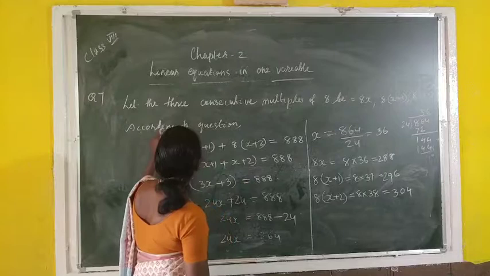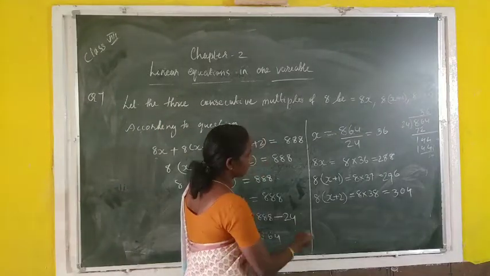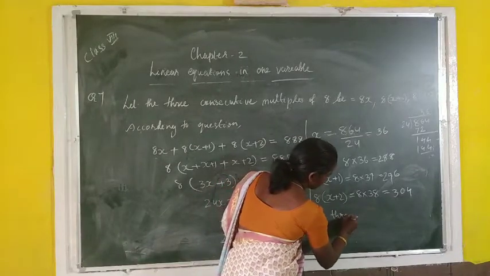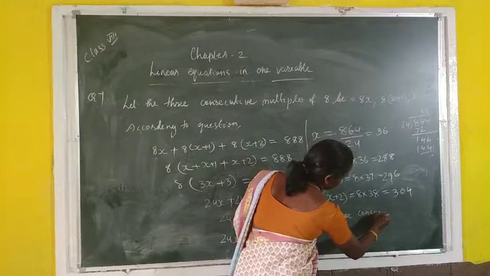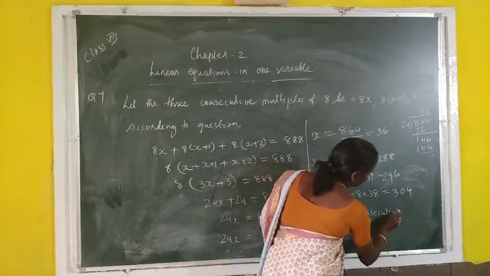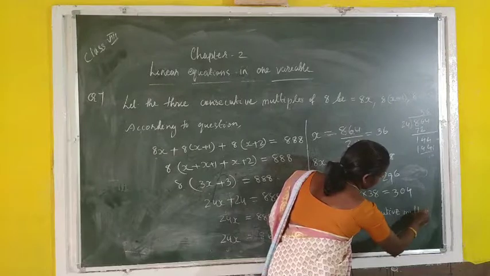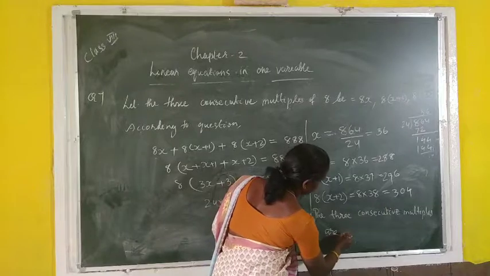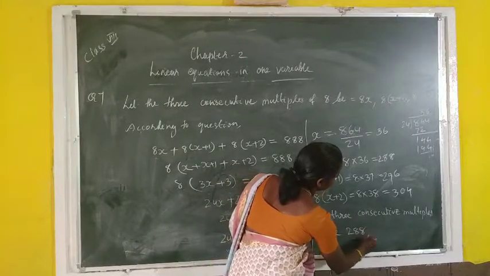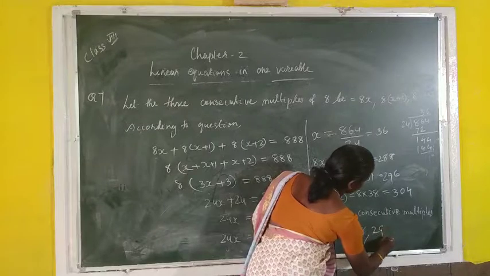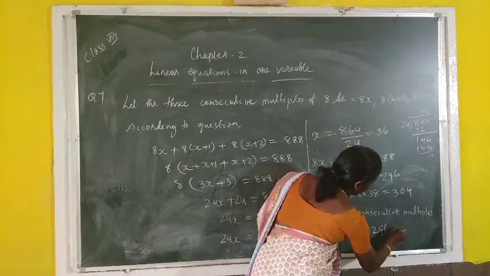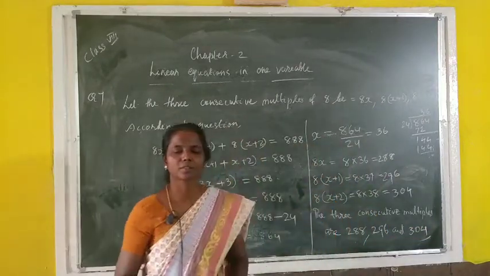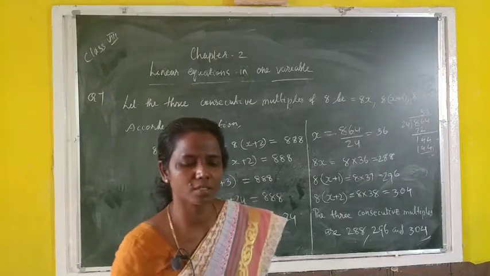Then the 3 consecutive multiples are, so we can write, 288, 296 and 304.